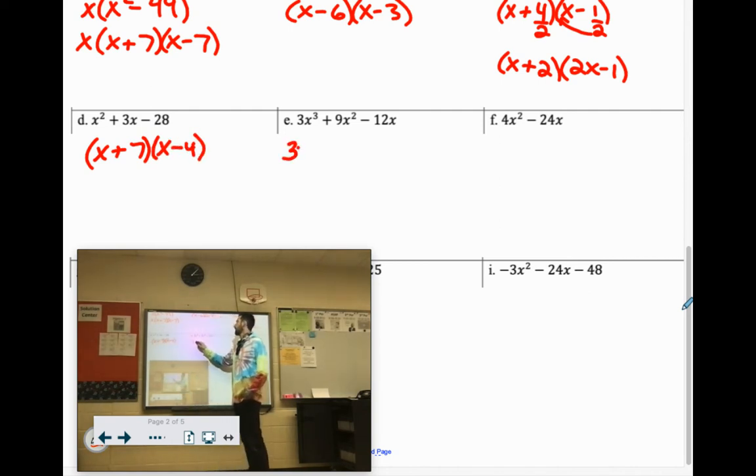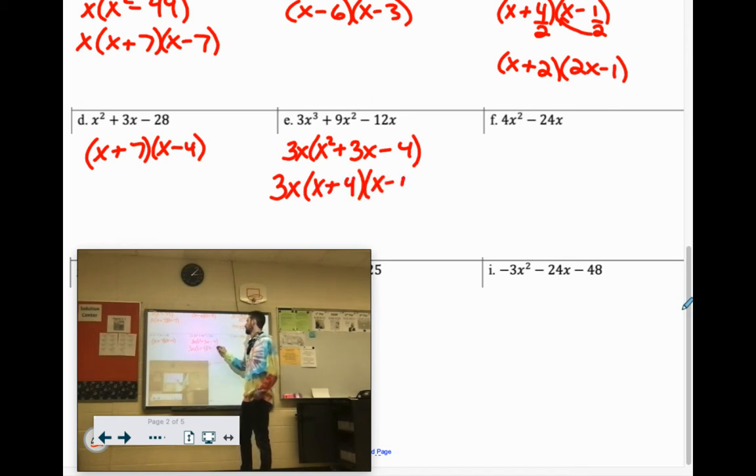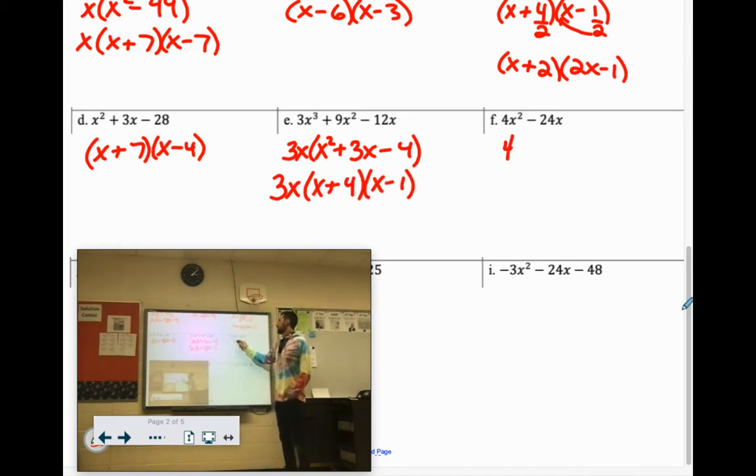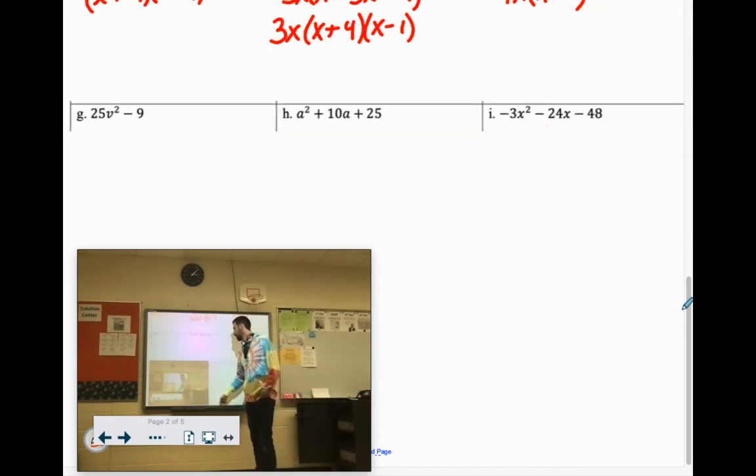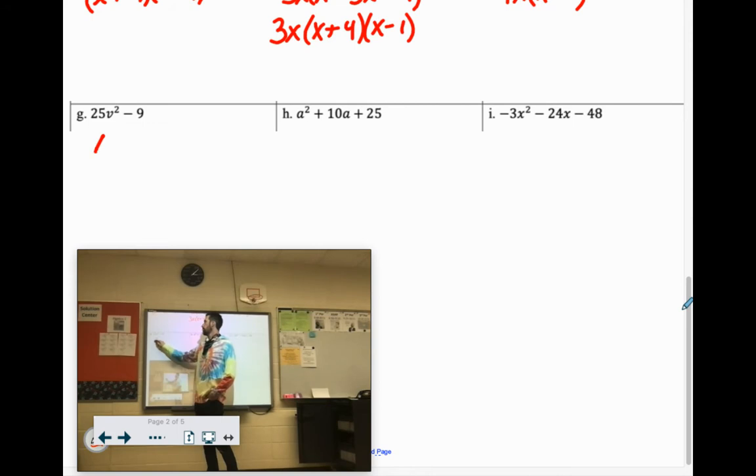Here they have a 3x in common, x squared plus 3x minus 4. And that would be x plus 4, x minus 1. We have a 4x in common, x minus 6. Difference of squares, 5v plus 3, 5v minus 3.